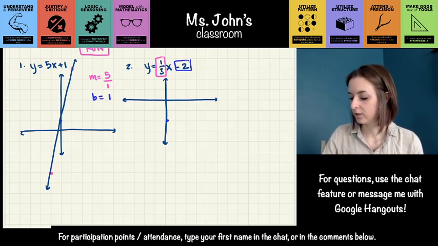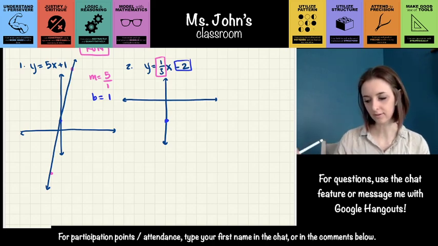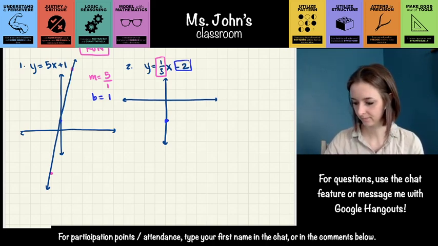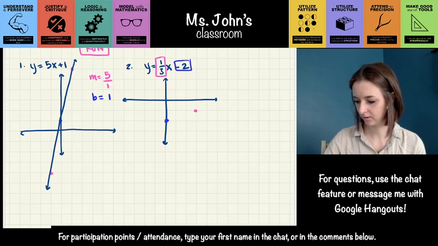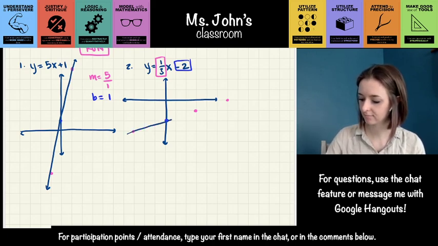So start with -2, you start down 2 on the y-axis, and then you go up 1 over 3, up 1 over 3. And I'm going to put one sort of the opposite direction as well so we can get the line straight. And there's our graph.